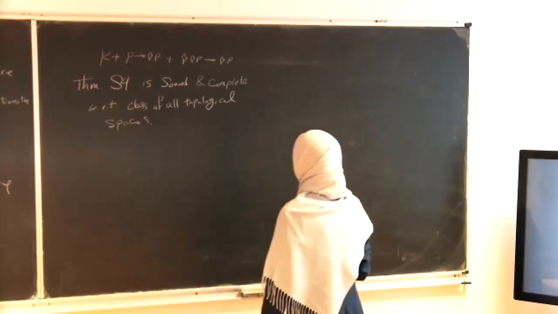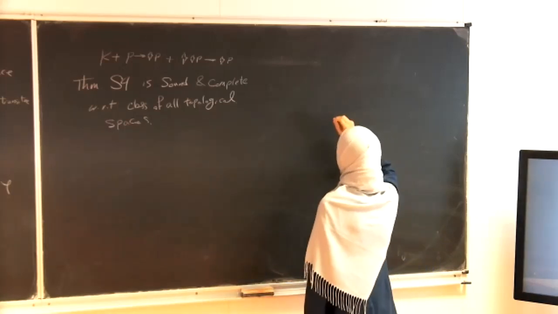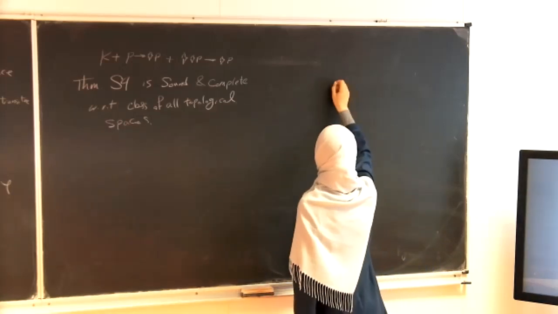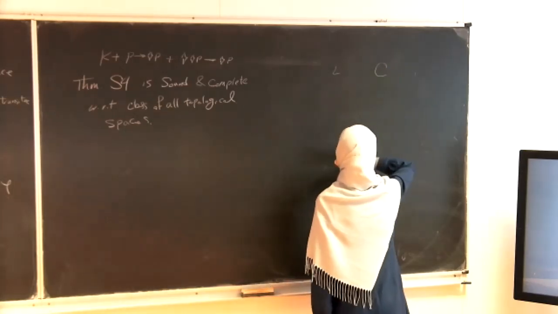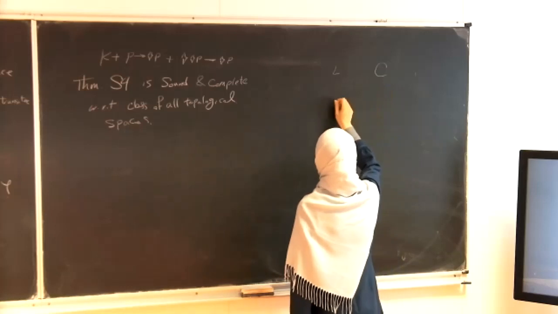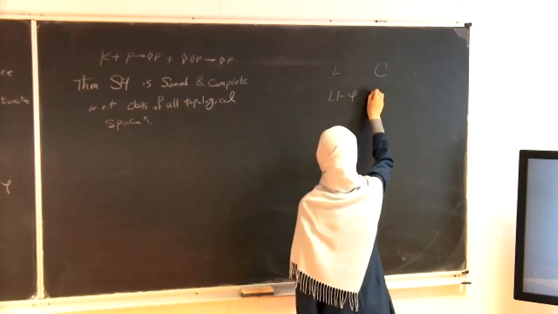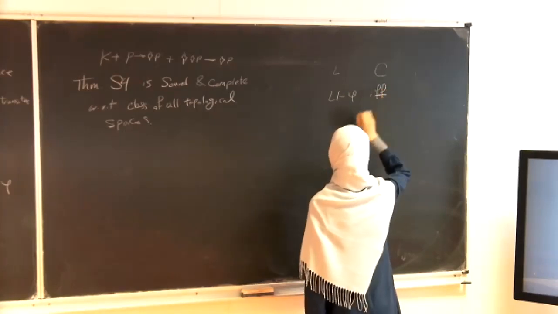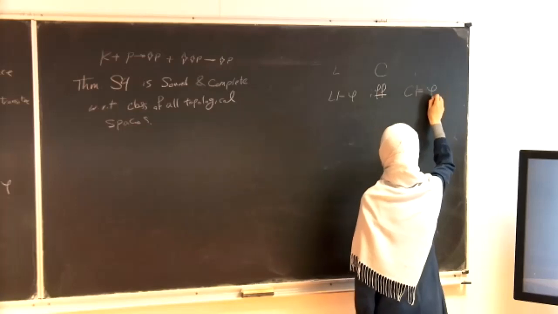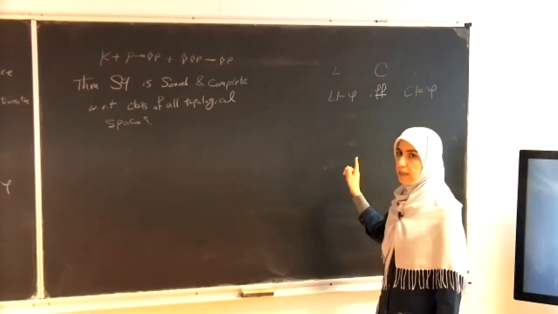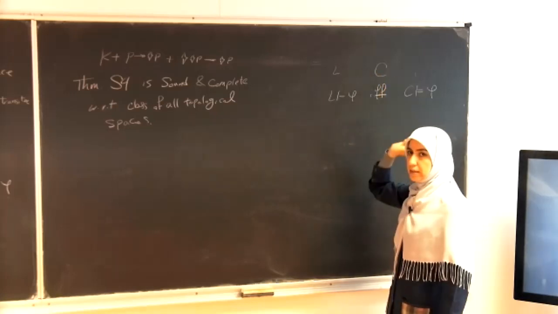And soundness and completeness are theorems which say that for any logic L and class of models C, phi is provable in L if and only if phi is valid in C. In this case, we say that the logic L is sound and complete with respect to the class C.